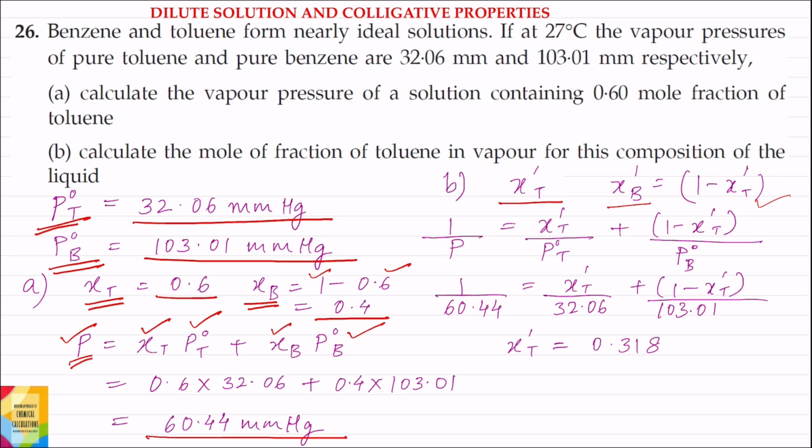Because the mole fraction of toluene in vapor state plus mole fraction of benzene in vapor state is equal to 1. 1 divided by vapor pressure of the solution is equal to mole fraction of toluene in the vapor state divided by vapor pressure of pure toluene plus mole fraction of benzene in the vapor state divided by vapor pressure of pure benzene. Putting the values and solving, mole fraction of toluene in the vapor state is equal to 0.318.